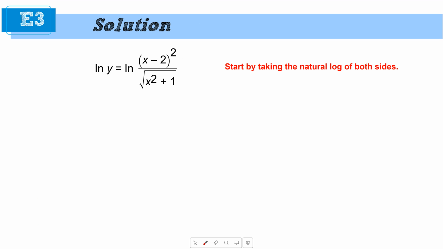Okay, here we go. Take the natural log of both sides. Okay, now before we go any further, let me ask you a simple question. What's the derivative of the natural log of smiley face? Good. Smiley face prime over smiley face.